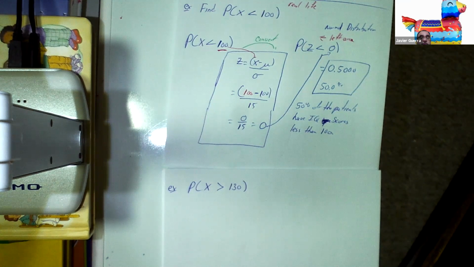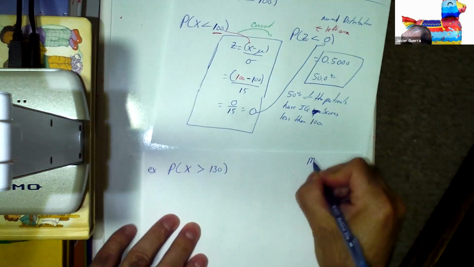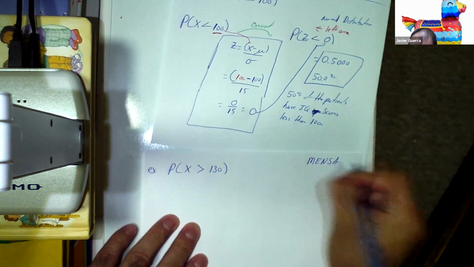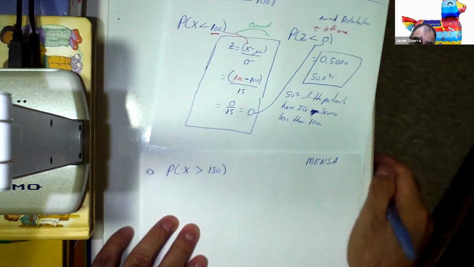Does anyone know what it's called for smart people? Okay, it doesn't make sense, but hey, this is what it's called. It's called Mensa.